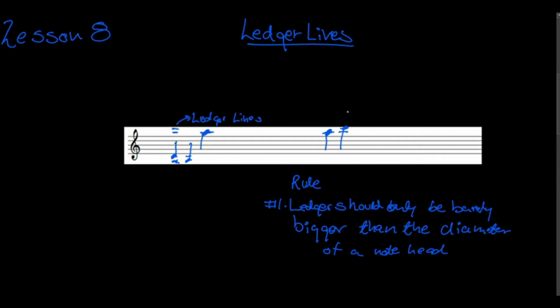I presume it's to make the music look a bit neater, but I don't really know for sure. So we do not ever link these lines together, if we have notes in succession which have ledger lines. That comes under this one as well, but I'll write it as a separate rule: don't link them together.